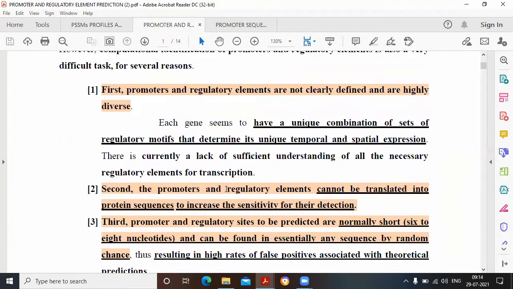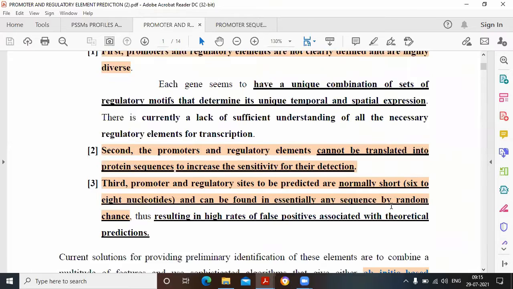So these three were the major challenges for computer science people, and they took up this challenge and prepared algorithms, and now we are using them to find specific gene sequences as promoters and some regulatory sequences too.